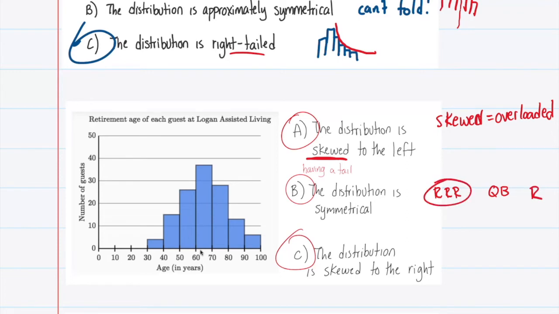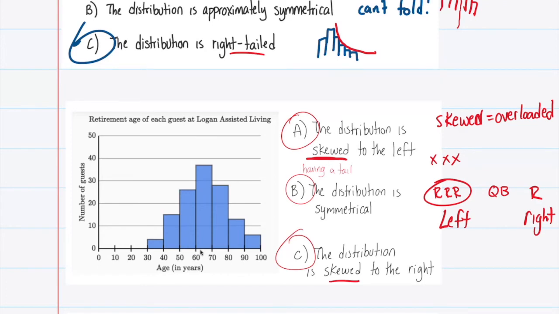Well, this side is overloaded with receivers, so the defense would also put some defenses out there too. In this case, this is what it means. It's skewed on the left side because there's too much data on the left compared to the right. So when I say skewed to the left, there's a lot of information on the left side. When they say skewed to the right, there's a lot of information on the right side.